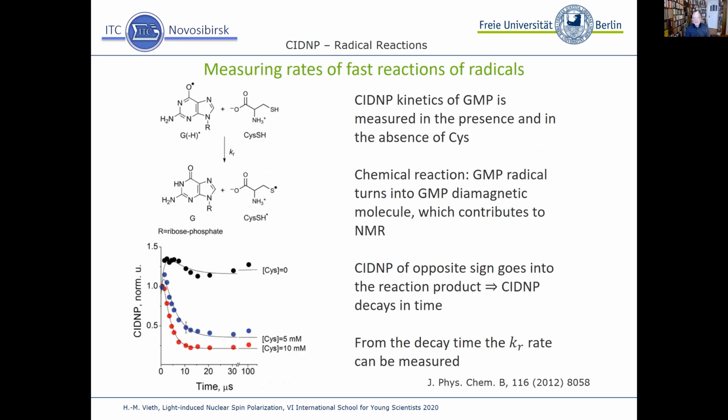So, for example, you can use a radical pair reaction, and you can add a third molecule as an external additive, and depending on the concentration of this additional quencher molecule, the fate of the guanosine monophosphate is changing, and from the variation of the bulk CIDMP amplitude as a function of the concentration of the additive, you can measure the reaction rate here.